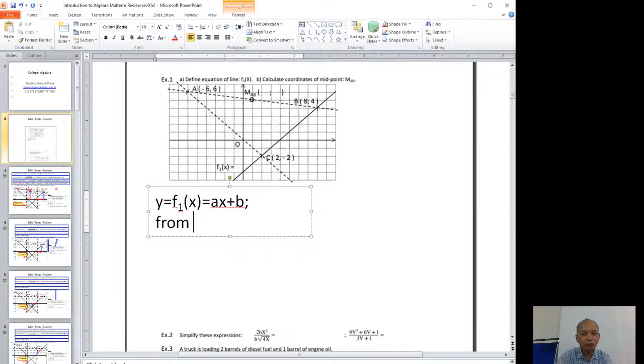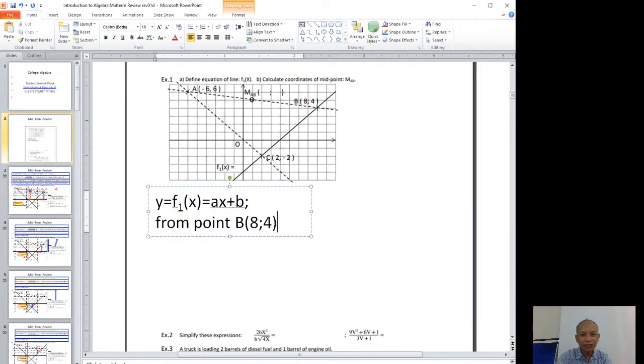So from point A, no, this one we have B and C. From point B, what does B mean? B is (8, 4). Coordinate 8 and 4. It means x equals 8 and y equals 4.